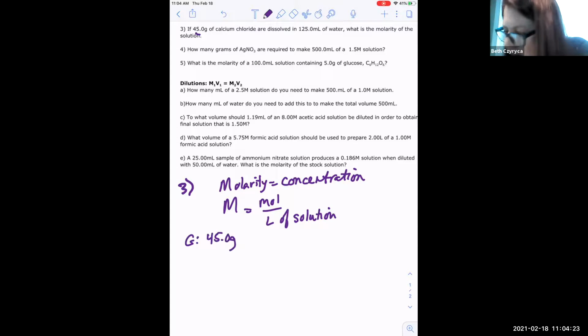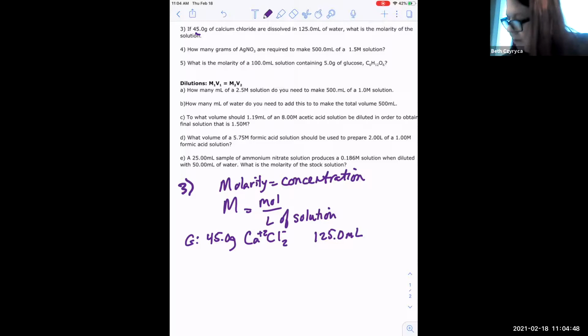All right, so given we have 45.0 grams of calcium chloride. Anybody throw out the formula for calcium chloride? CaCl2, yep, +2 and -1. And it's dissolved in 125.0 milliliters. What's the molarity of the solution?